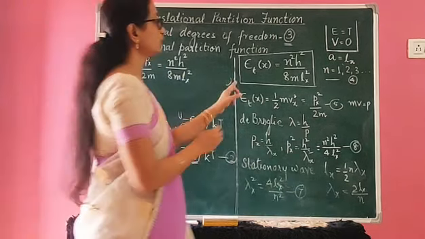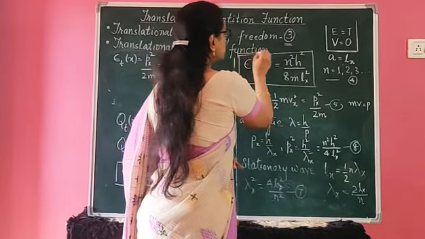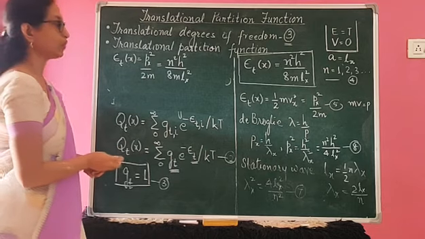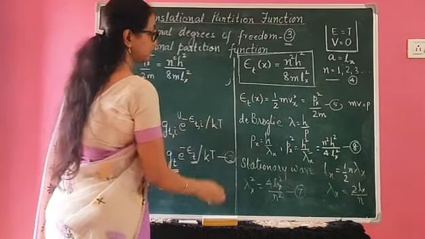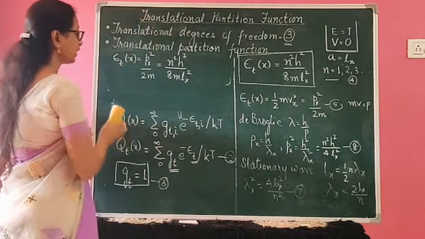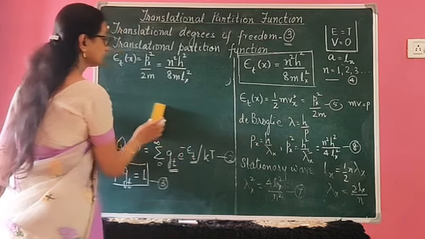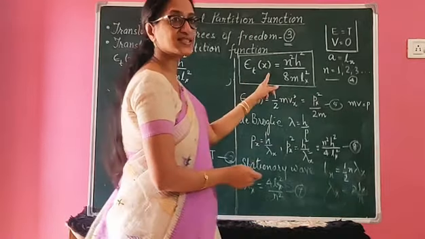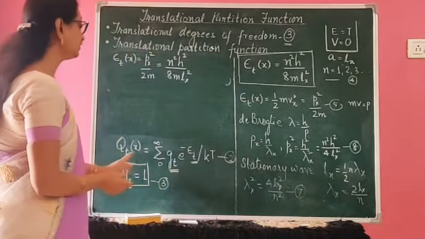This is the very equation which we have written for the Schrodinger wave equation for particle in one-dimensional box, which is equation number 4. Now let us substitute the value of this Gt and Et in equation number 2.